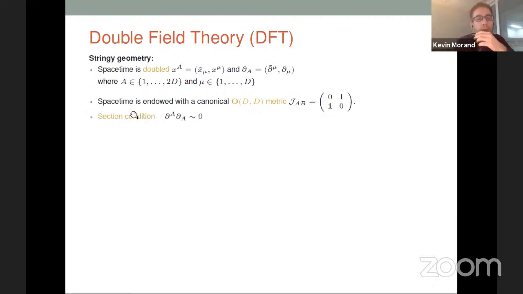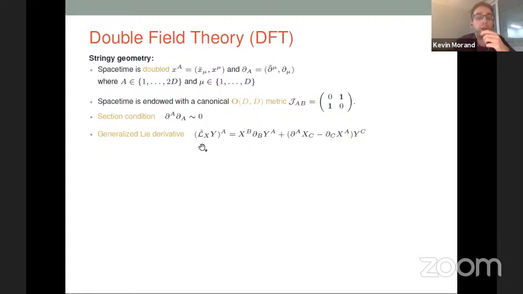So okay, space is doubled, coordinates are doubled, but somehow we can kill half of the coordinates by introducing the so-called section condition, which holds on every field and gauge parameter of the theory, as well as products between them. Okay, so this O(D,D) metric is really part of the most basic layer of structure, the equivalent of the differential geometry structure layer, because we already need it in order to define the equivalent of the derivative.